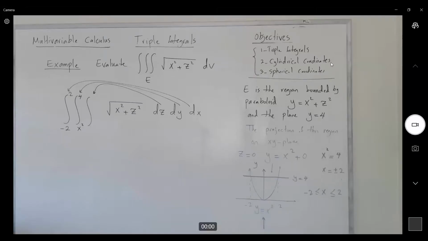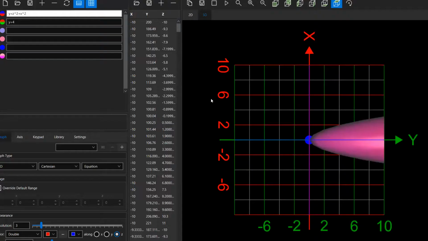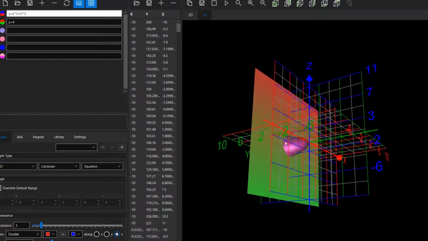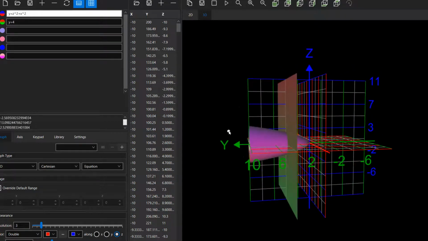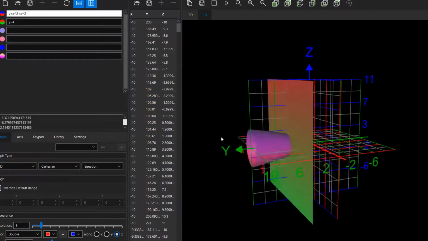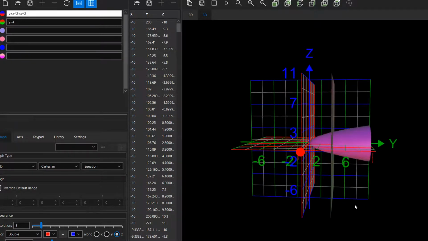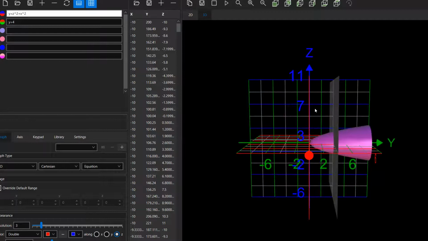Let us get back to our visualization here. Take a look at your z. Your z is bounded above by this little piece here, and your z is bounded below by this little piece.